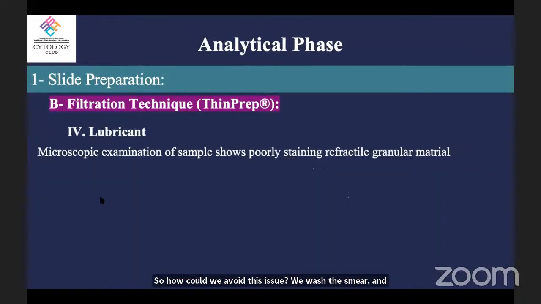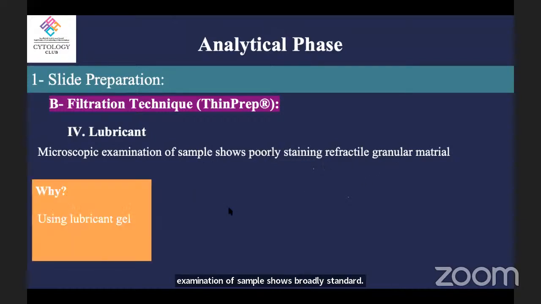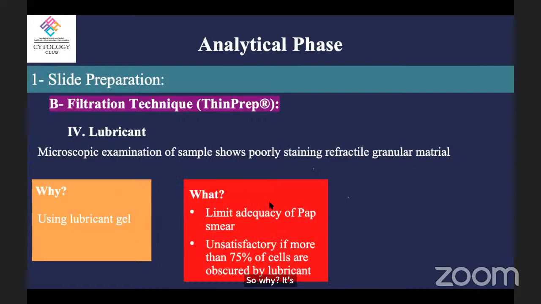The fourth issue is lubricant, where microscopic examination of the sample shows poorly stained, refractile granular material. Why is it happening? Because of using lubricant gel in collection. And what will happen? It will limit the adequacy of the pap smear, and it will be unsatisfactory if more than 75% of the cells are obscured by lubricant.